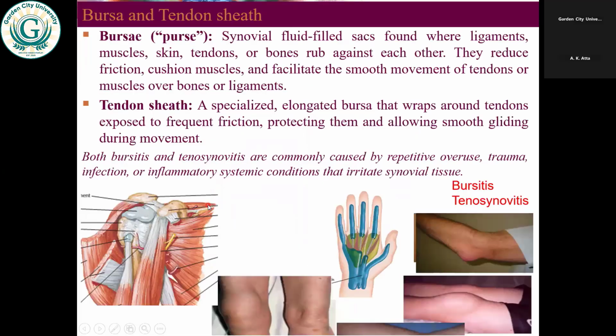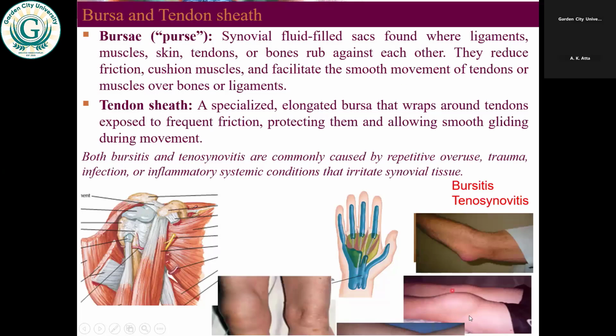And what are those bursas? Bursas are synovial fluid-filled sacs where ligament, muscles, skin, tendon, or bones rub against each other.